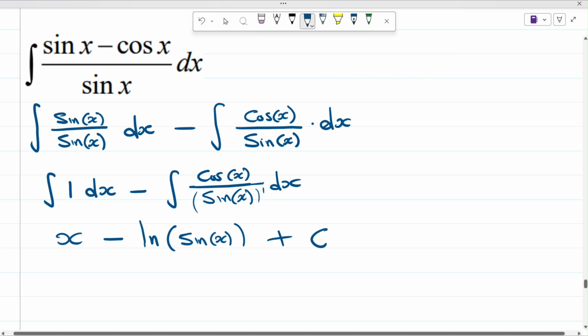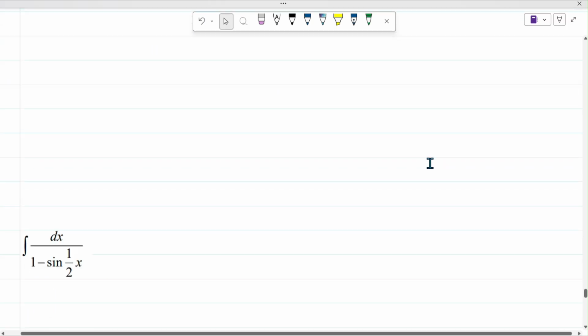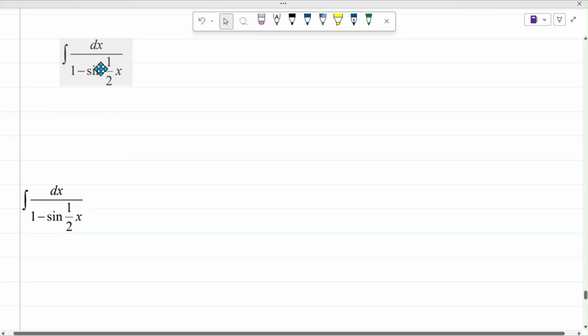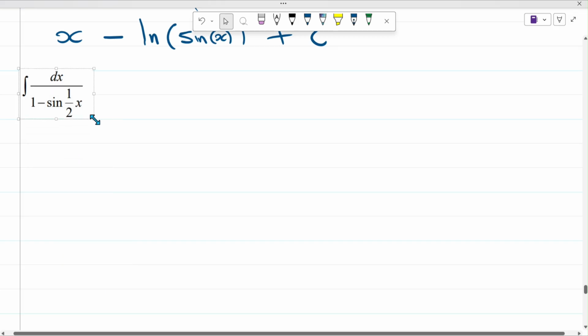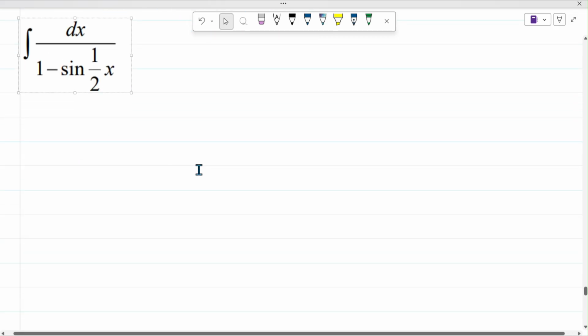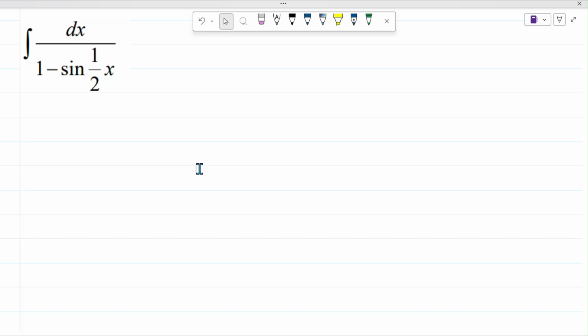And now I have this other question, which is the following. Okay, now we've got ourselves the integral of 1 divided by 1 minus sine of 1 over 2x.